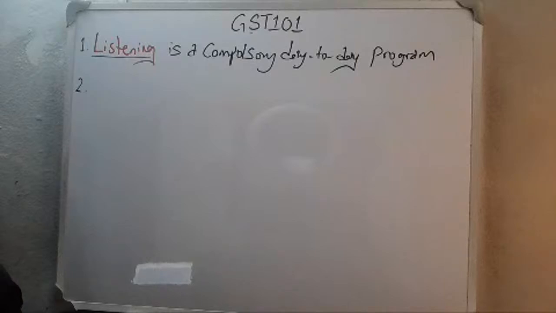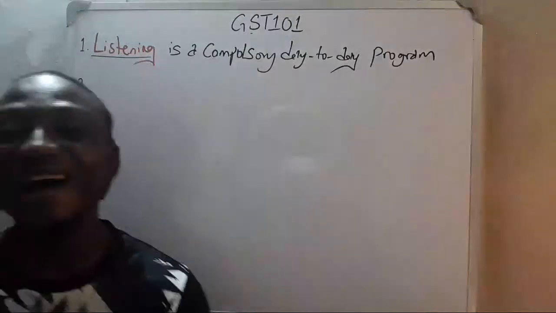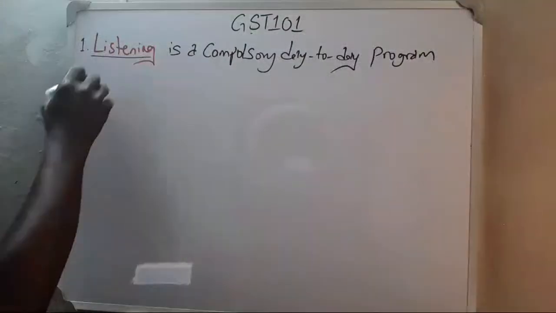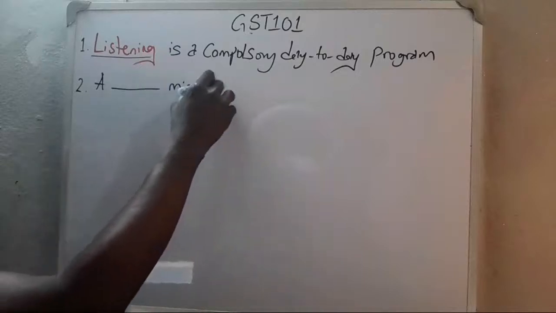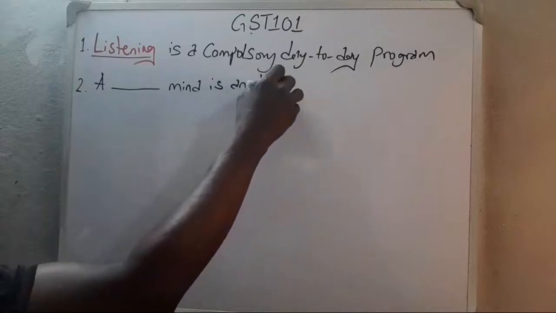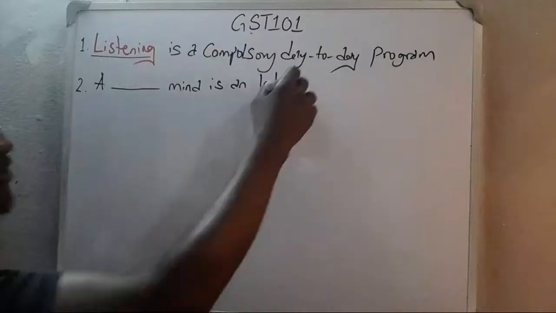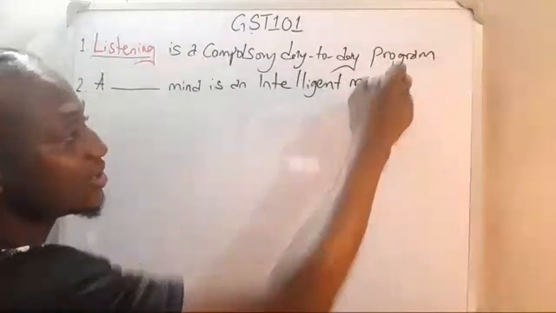Are we together? Now, we have: "A dash mind is an intelligent mind." A dash mind is an intelligent mind.